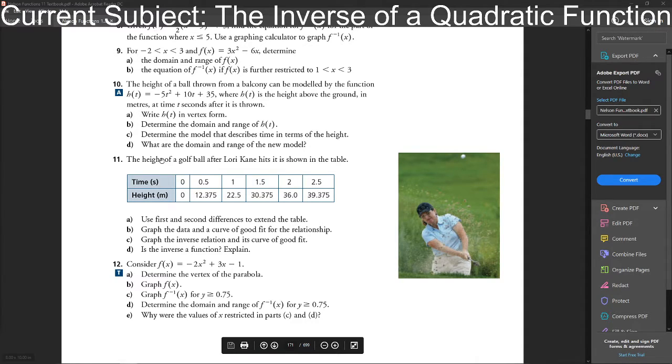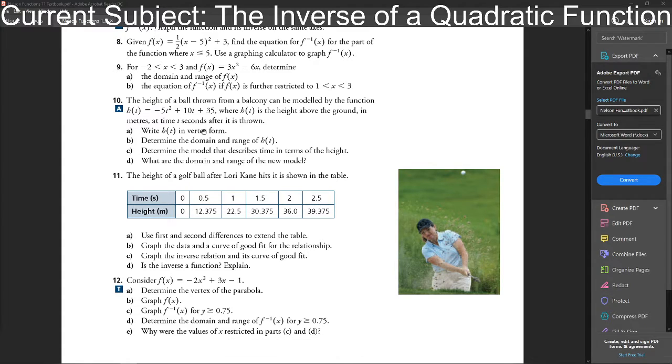Completing the square would be one way. So we have t, so completing the square would be, what two numbers give us 5 and 7? Oh my gosh, I'm so dumb.